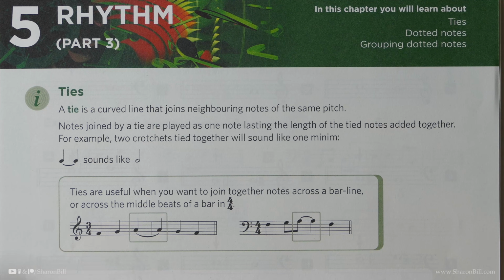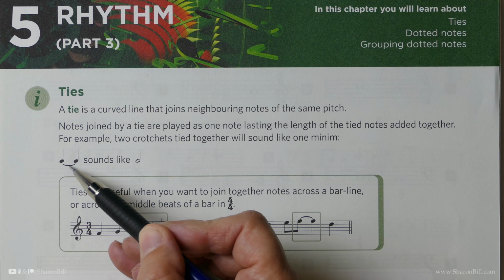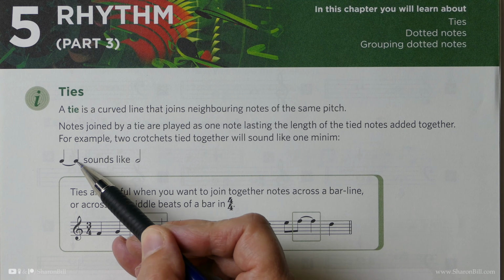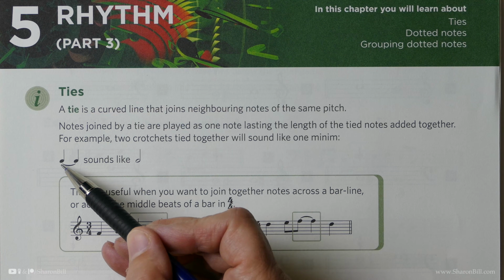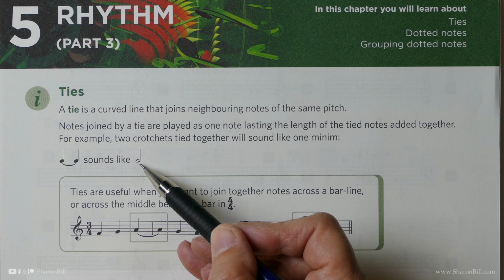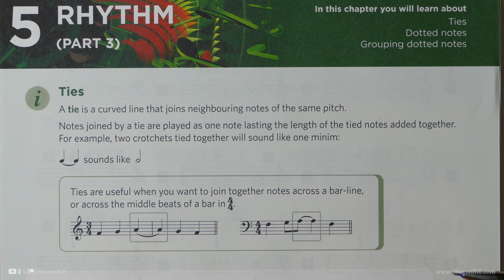A tie is a little curved line that joins notes together, and it basically adds the note values together. It ties the value on. So we have a 1 beat tied to a 1 beat, which sounds like a 2 beat note. There are various reasons why you would have this.